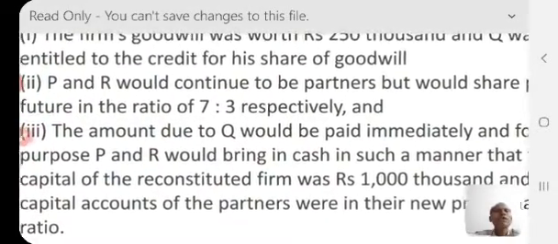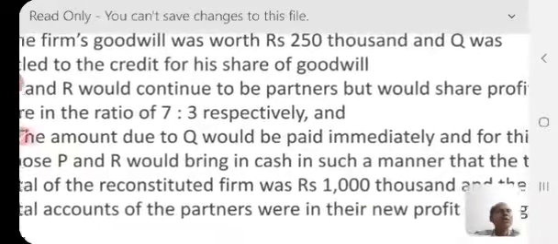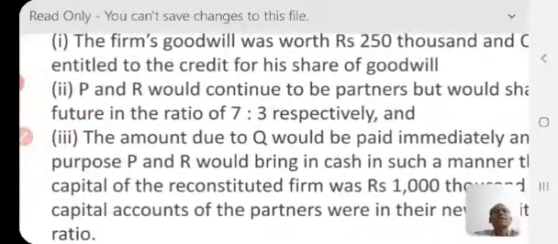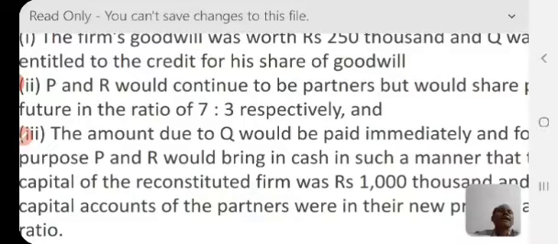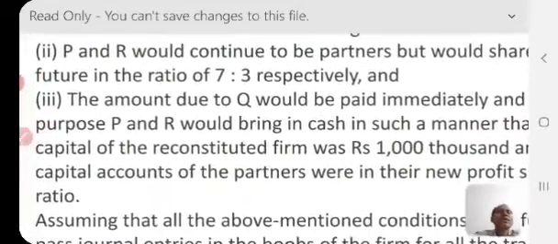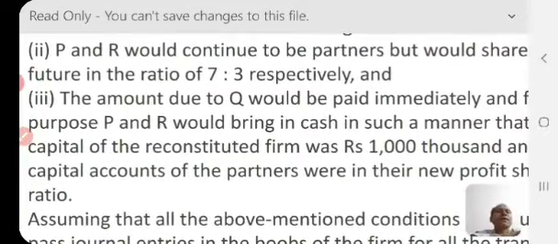P and R would continue to be partners but would share profits in future in the ratio of 7:3, respectively. 7:3 is the new ratio.